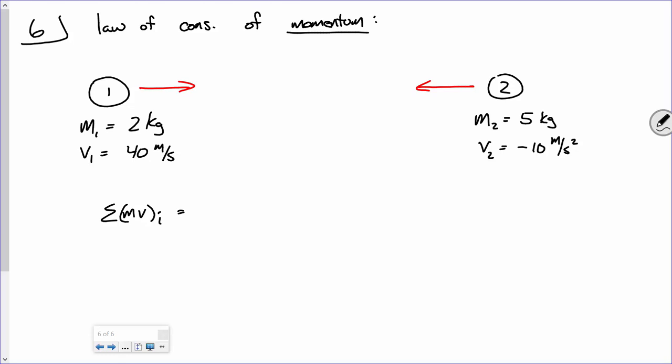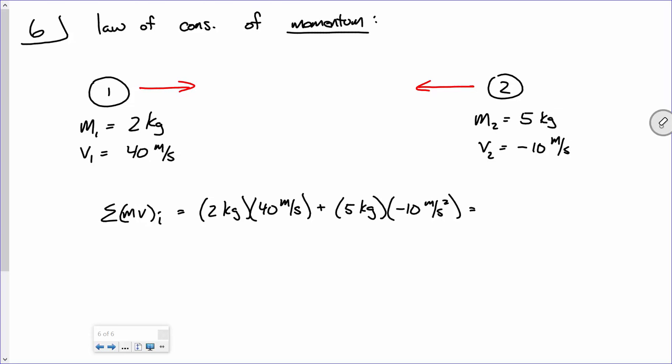We've got 2 kilograms, 40 meters per second. I have that squared. That is not right. So that is what? 80, negative 50, 30.